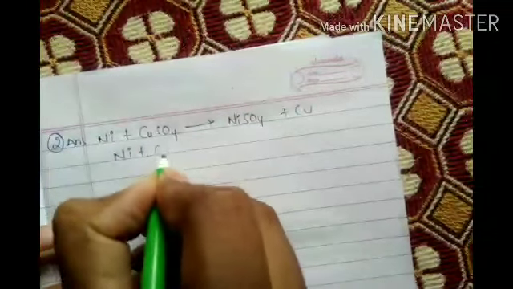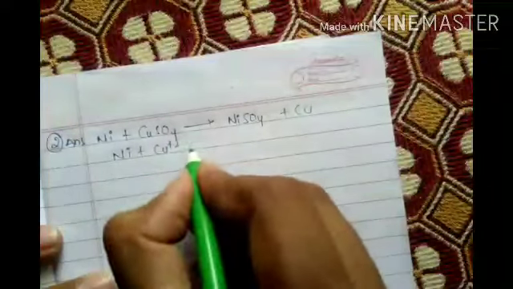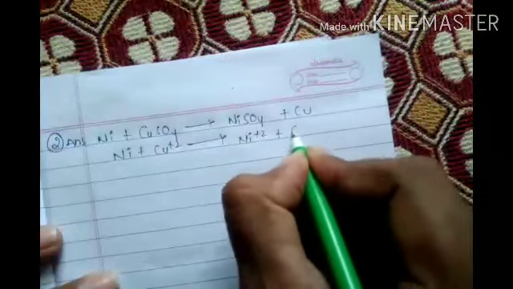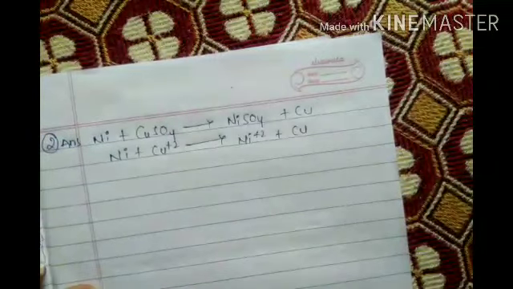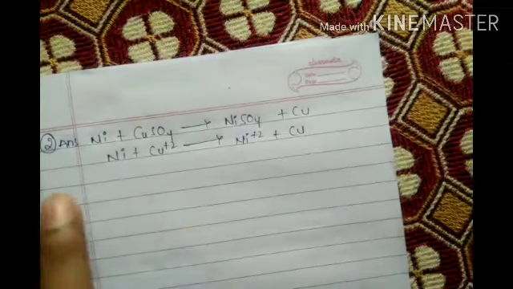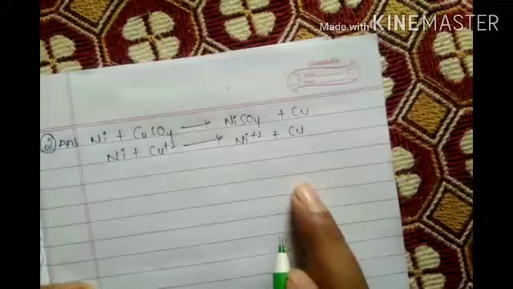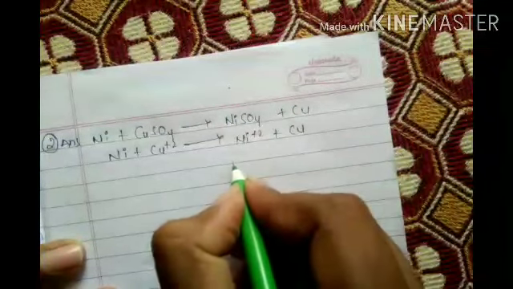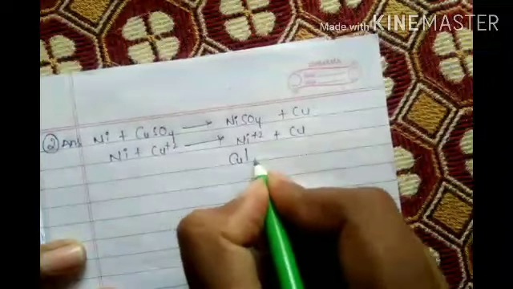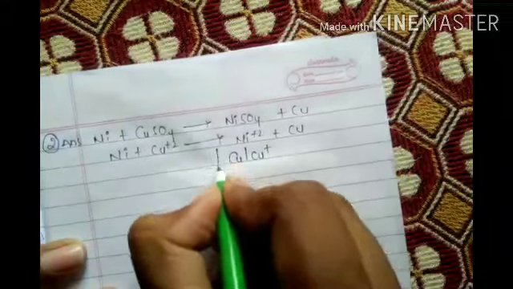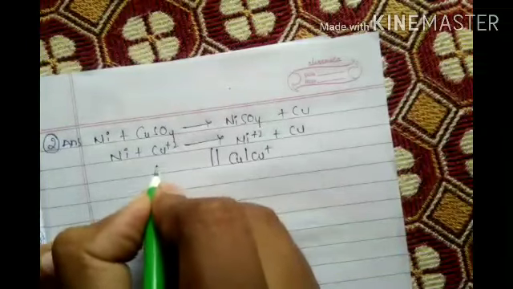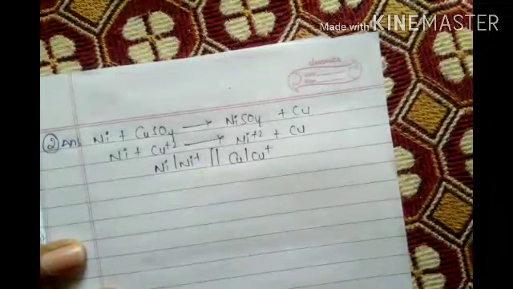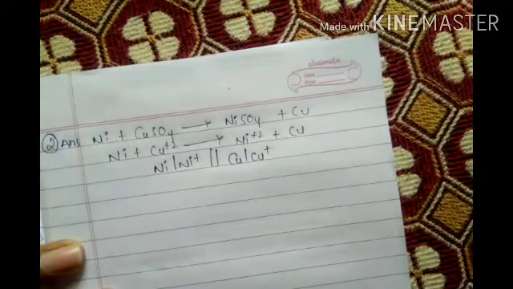Nickel plus Cu2+ SO4 2-, and it becomes Ni2+ and Cu. Got it? So now the cell representation. Write it. Copper is always the cathode only. So Cu, salt bridge, nickel. Got it?